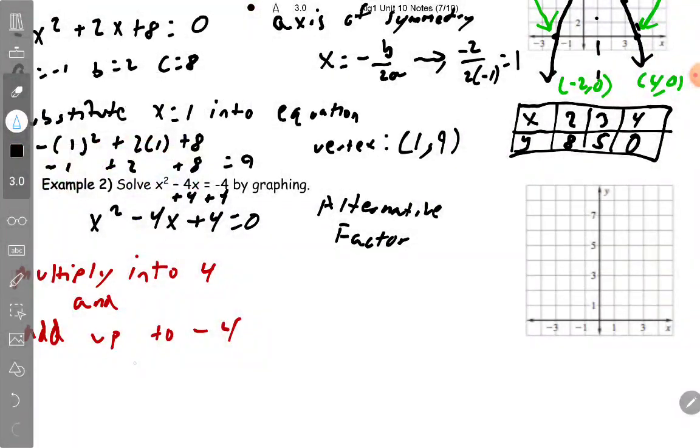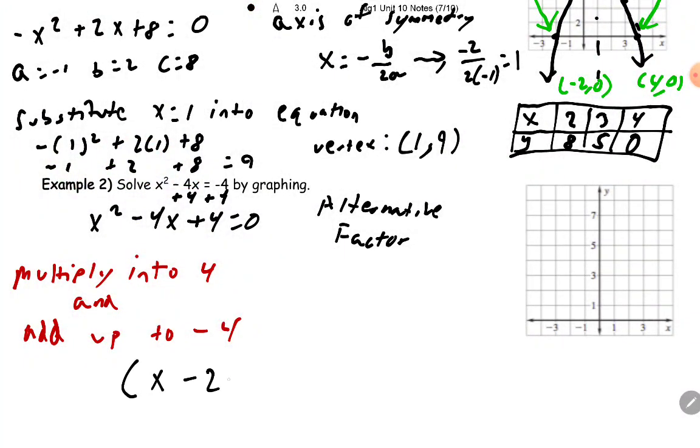Okay, so when we factor this, that's going to be x minus 2, x minus 2. Because negative 2 times negative 2 is positive 4, and negative 2 plus negative 2 adds to negative 4.